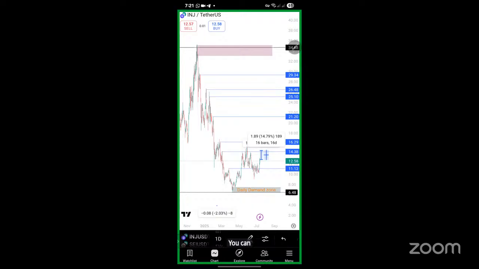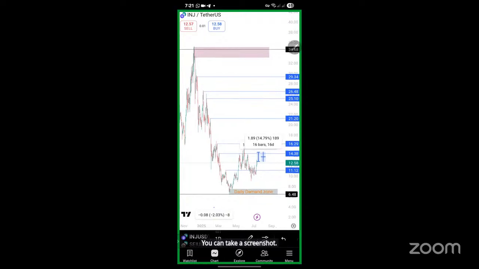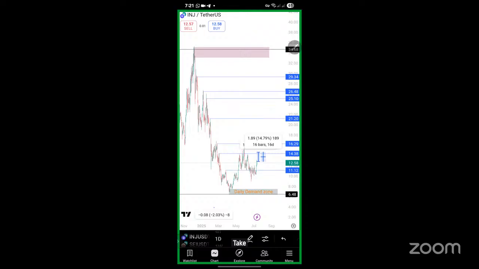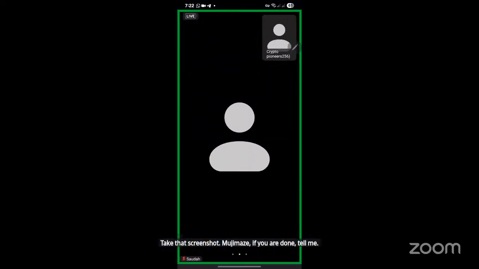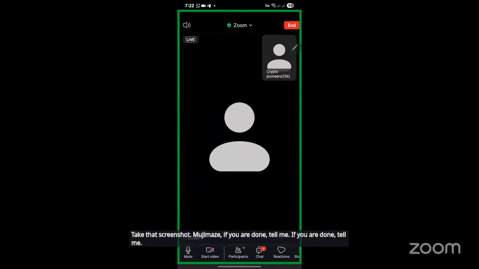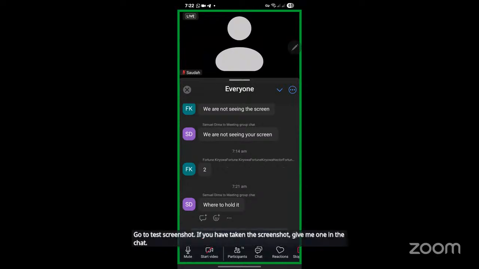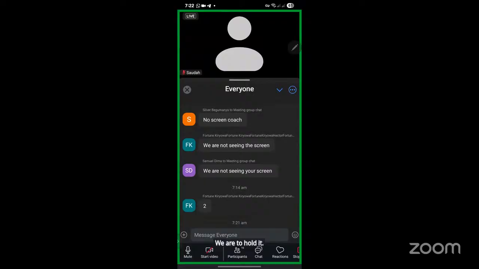You can take a screenshot. Taking a screenshot here. I know those people that are here, they are traders. Take that screenshot. If you are done, tell me. If you have taken the screenshot, give me one in the chat. We are not seeing your screen.